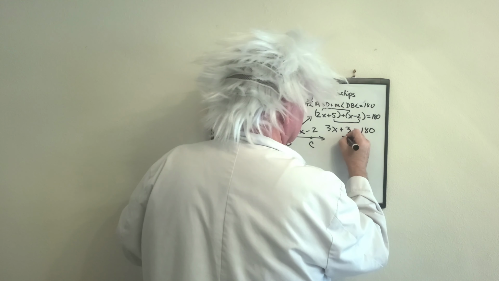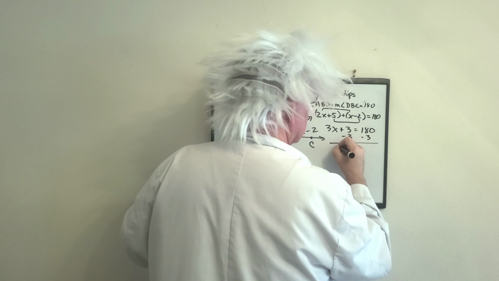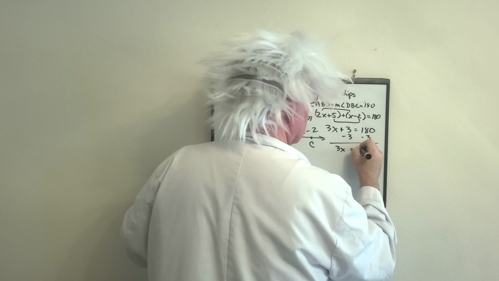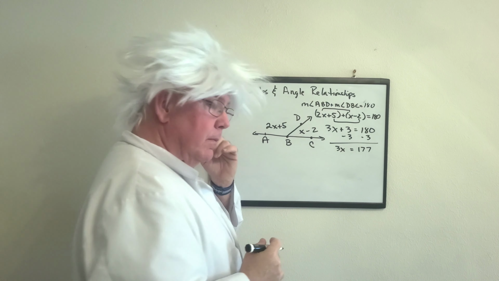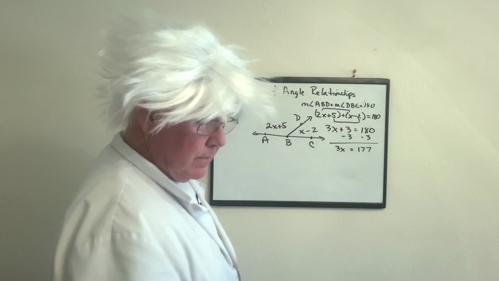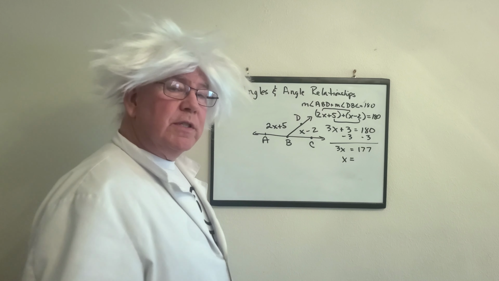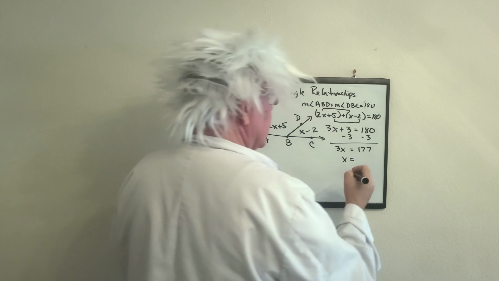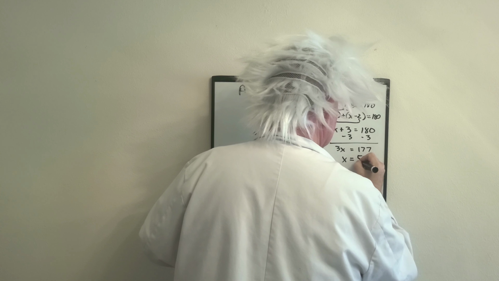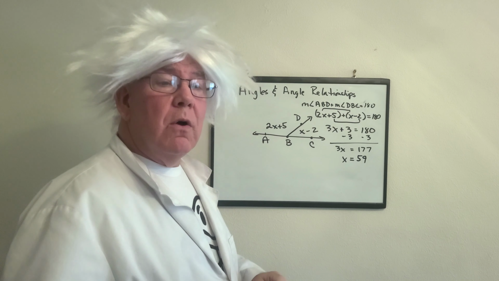So we're going to subtract 3. Now, take 177 divided by 3, and you get... Now, some people go, oh, my answer is 59.